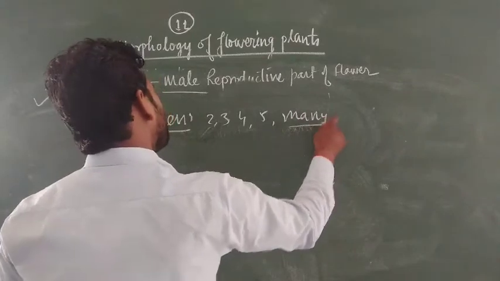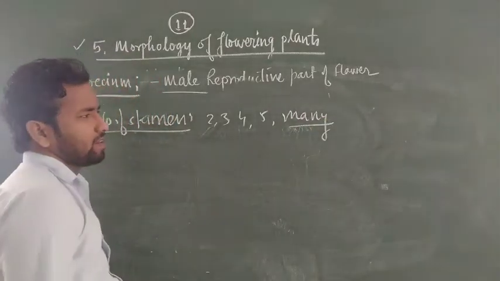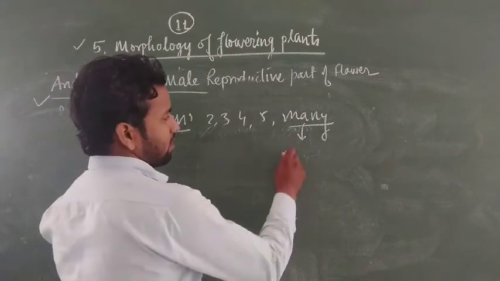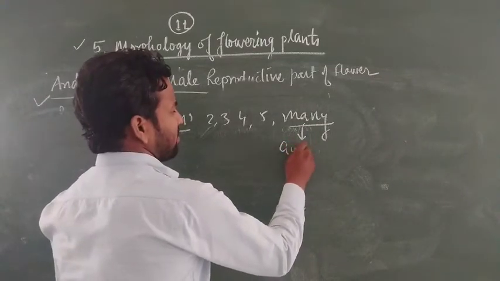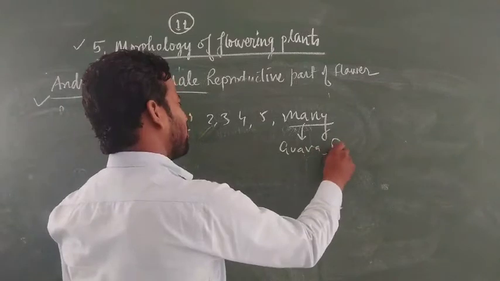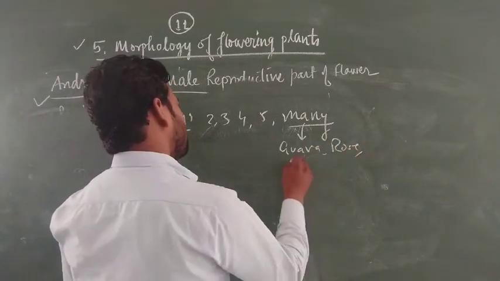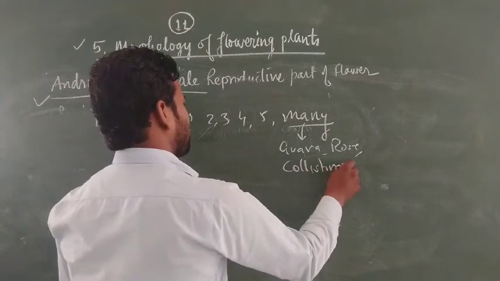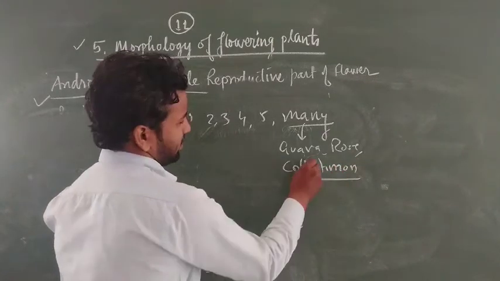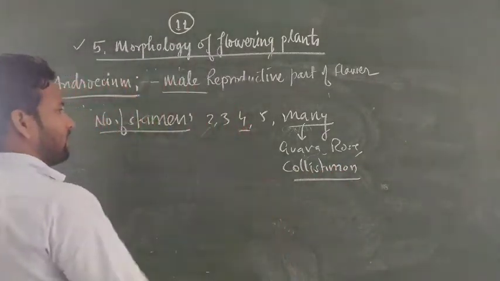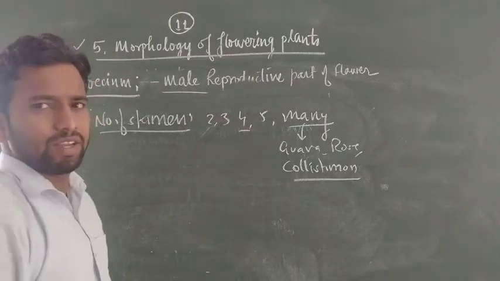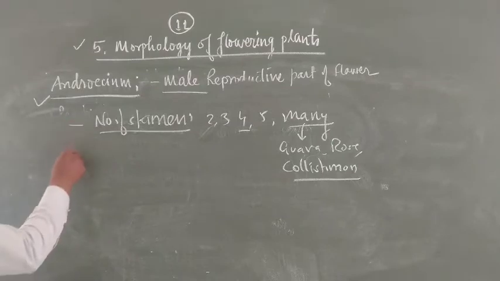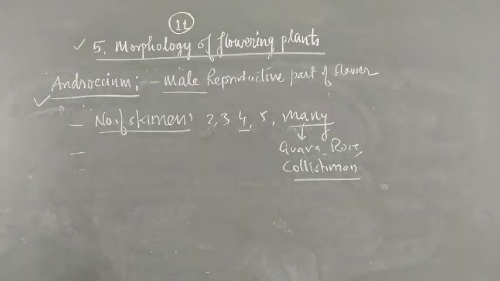Many androecium you can see in plants like guava, rose, and especially a plant called Calostemon. These plants have many stamens, and 4 or 5 stamens are found very generally in many plants. You can pluck a flower and see the different numbers of stamens.